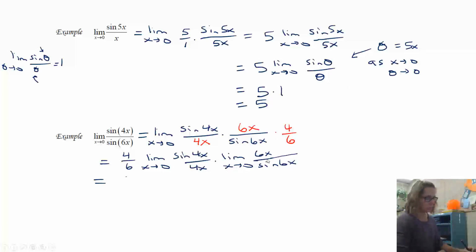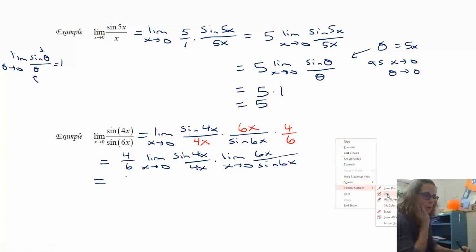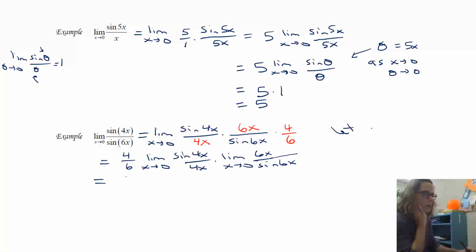As you can see, this is a little bit different, but what I'll do is let v equal 6x. And then the same thing, as x goes to 0, we get that v goes to 0. And that tells us something about what we have here.